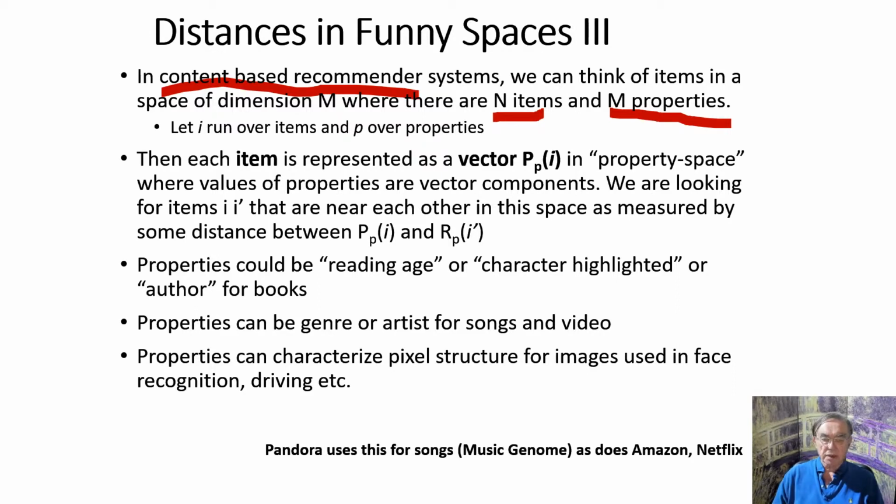And so we have probably not as many, so this is not as high a dimensional space. We have a vector in property space, and we want to look at items that are near each other in this space. Properties could possibly be defined for every item.